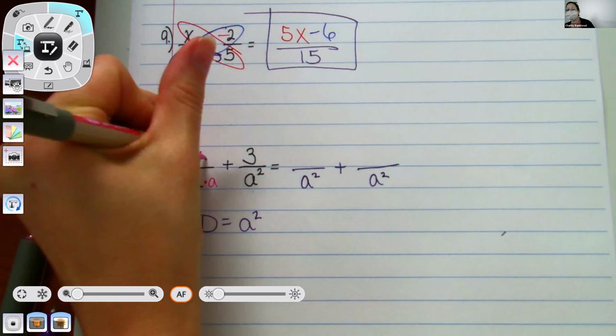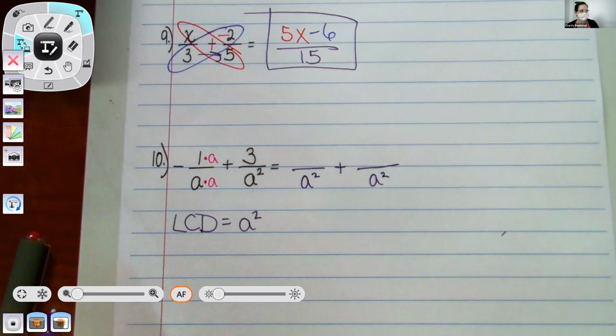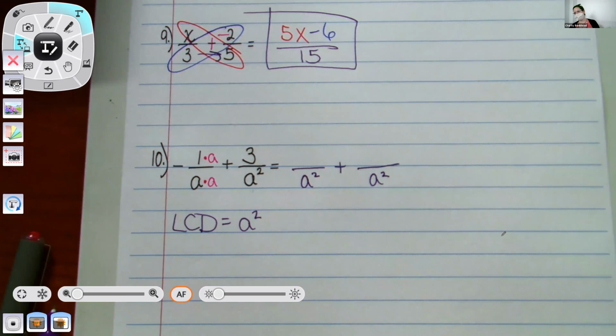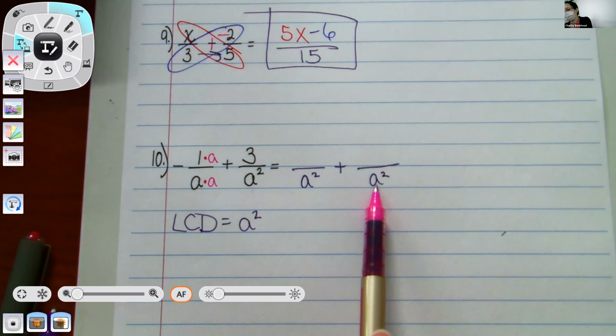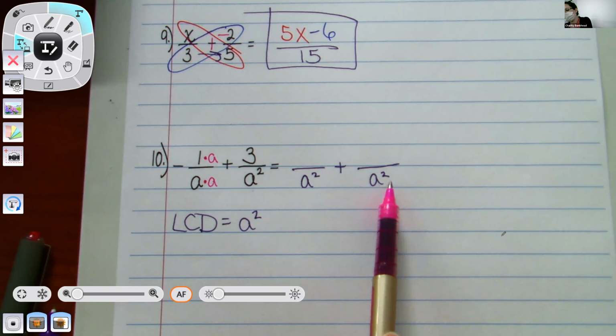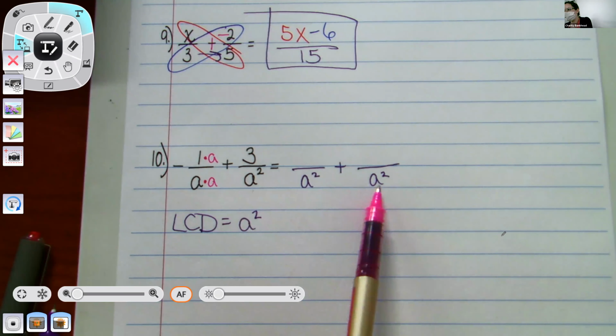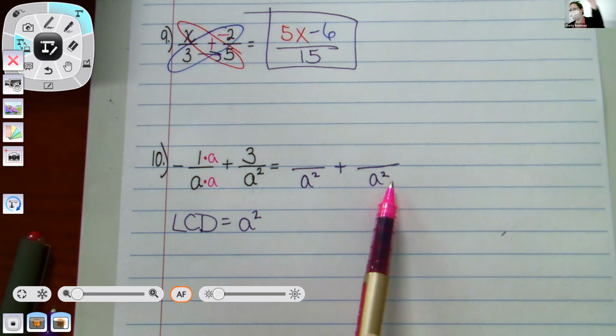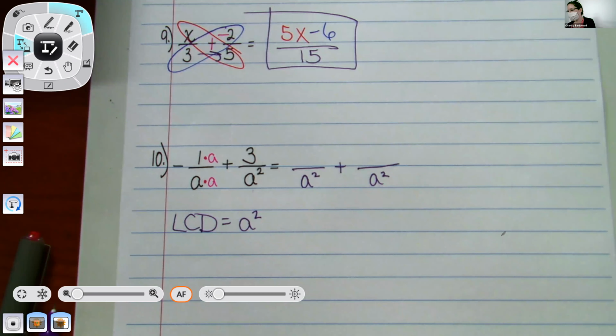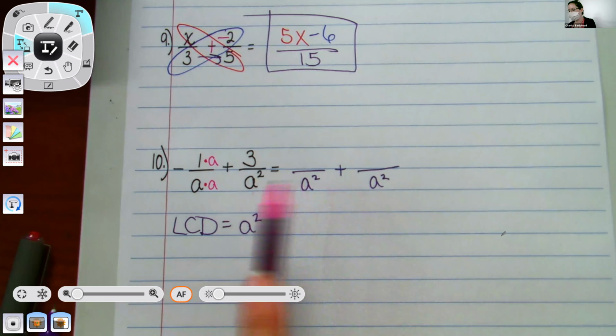Now, if you ask yourself that question and there's really no answer, then that probably means your denominator is not right. For example, if I had said a was my LCD, and asked what can I multiply with a squared to just equal a, there would be no answer because it's not big enough. And here I don't need to multiply anything. It should be just multiplying by 1, which you don't even need to do.